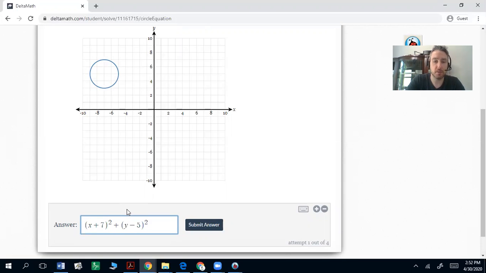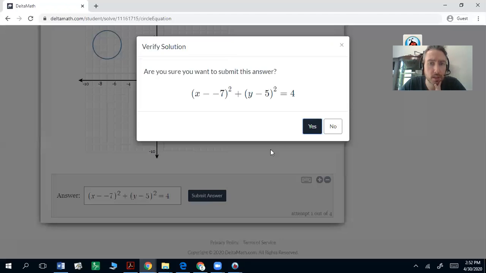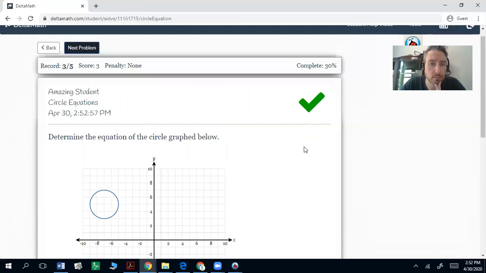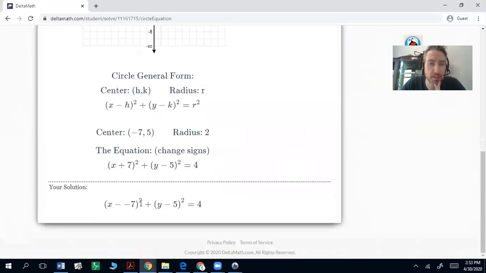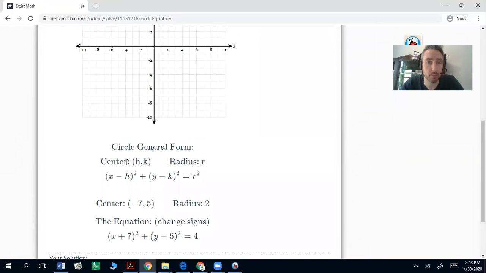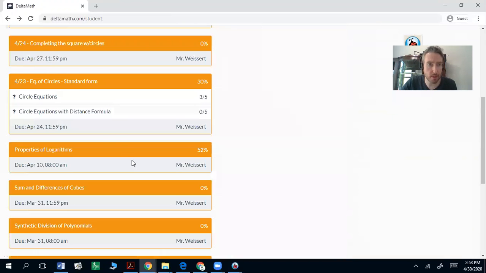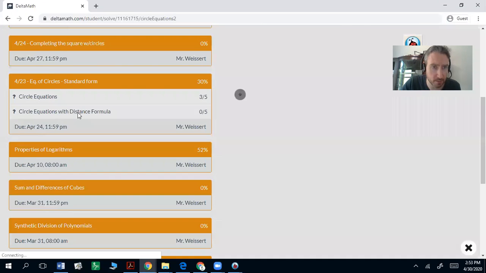Now the radius is 2, so you would want to equal that to 4 if you're simplifying it. And I don't think it'll accept a double negative, but I'm going to see if it does. So if it's x minus -7 instead of plus 7, it actually will allow that because 2 negatives make a positive. So you can do that if you want to keep it negative and use the formula. So that's that skill.